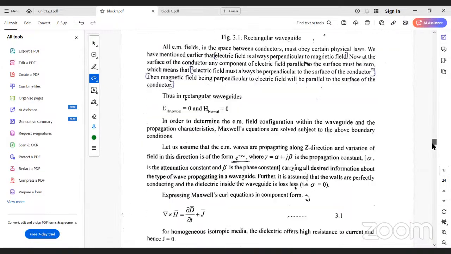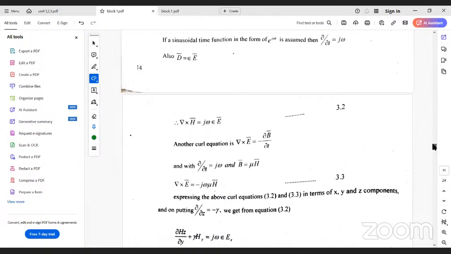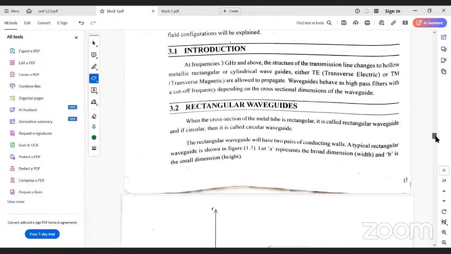What is the rectangular waveguide introduction? If the cross section of the tube is a rectangle, we will call it a rectangular waveguide. If the cross-sectional shape of the tube is circular, it is called a circular waveguide.